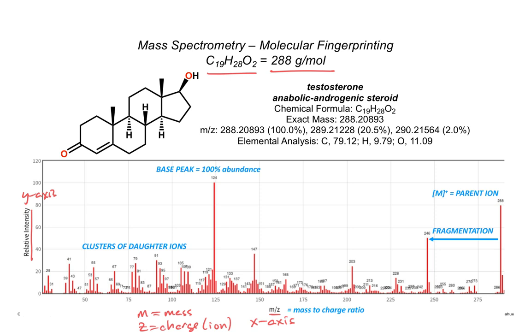So the way you want to interpret these mass spectra is really from the right, the highest mass, and then looking backwards towards zero. We know that the molecular weight of testosterone is 288, and it's kind of hard to see, but this number right here is 288. So that mass corresponds to the molecular formula of the compound we're looking at.